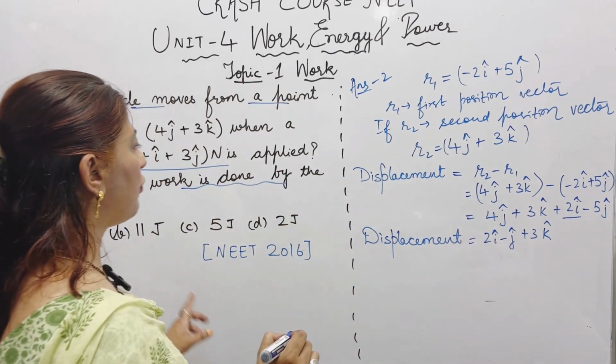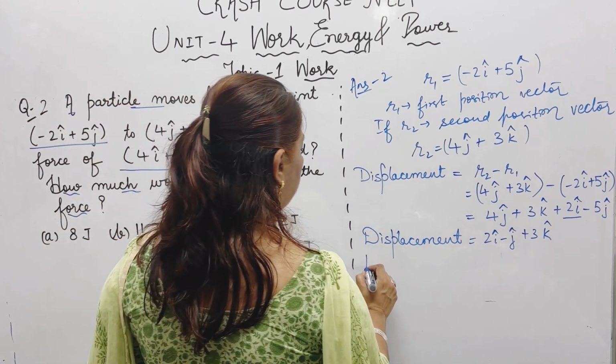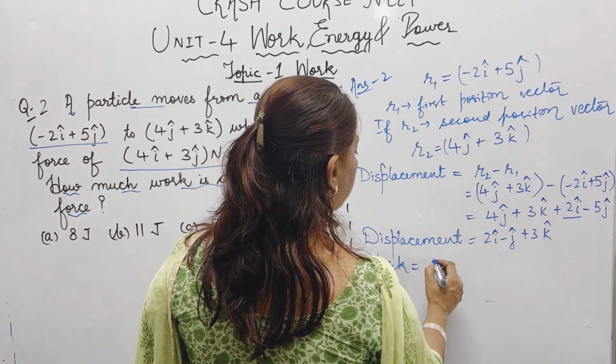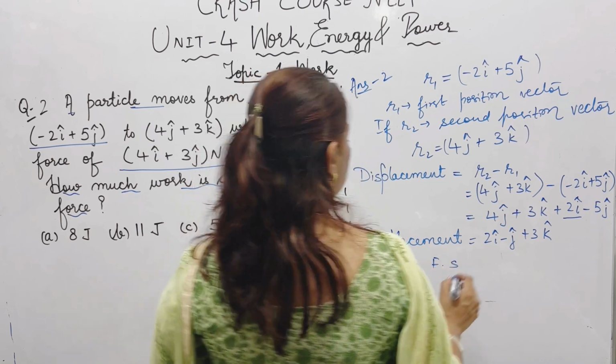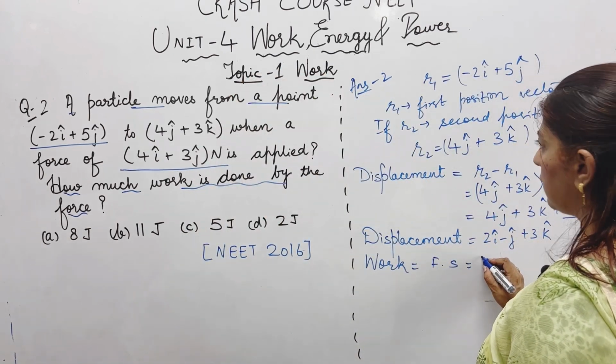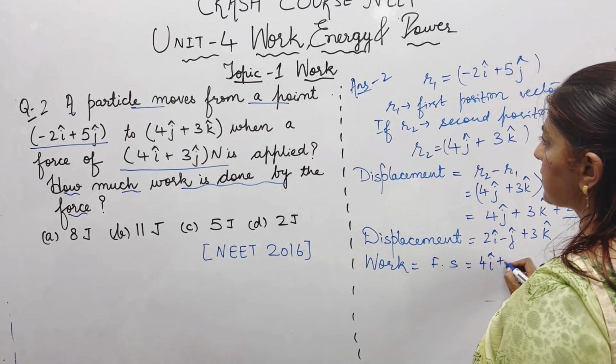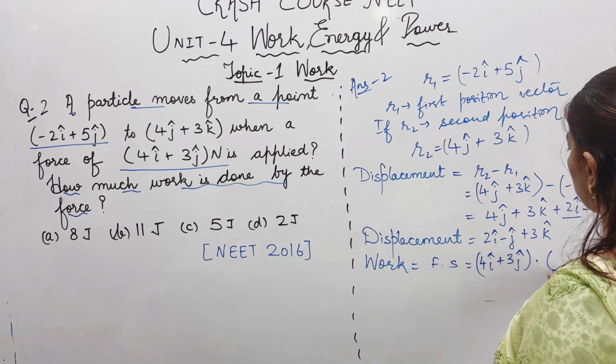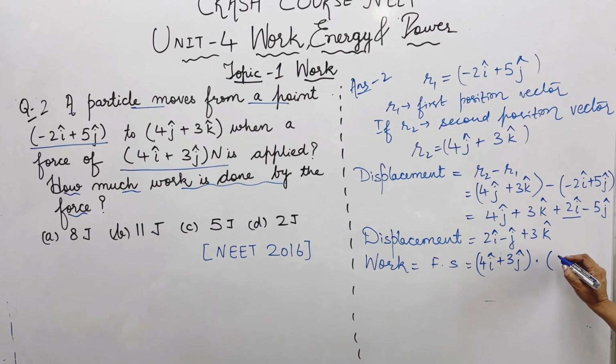Now for the work done, this is equal to force F dot S. So F is 4i cap plus 3j cap, and the dot product with the displacement S, that is 2i cap minus j cap plus 3k cap.